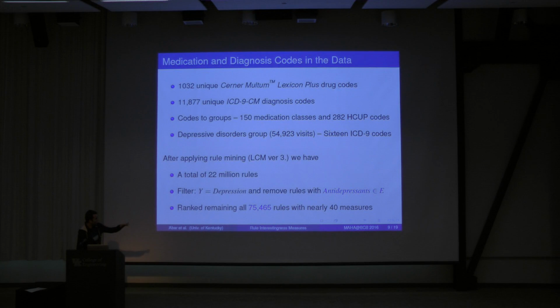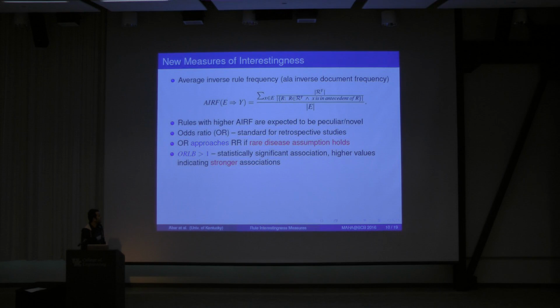Then we are using almost four measures. These are measures of interestingness? Yeah. Also, we had some other measures from data mining, like average inverse document frequency, IDF, which is used to decrease the importance of a word in a document.